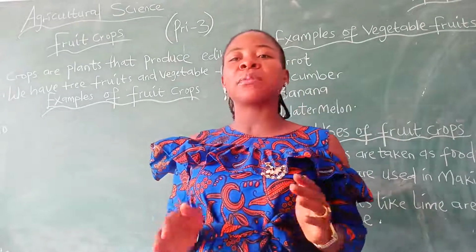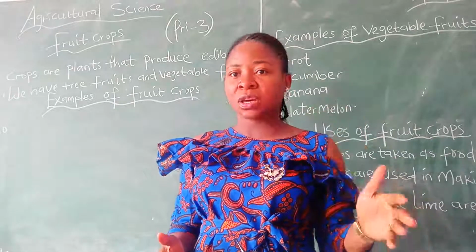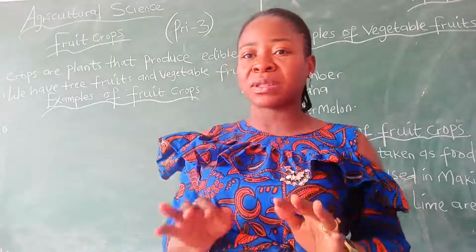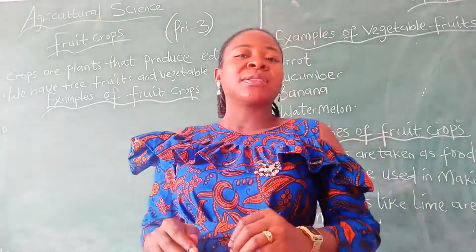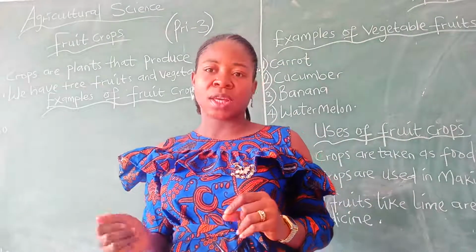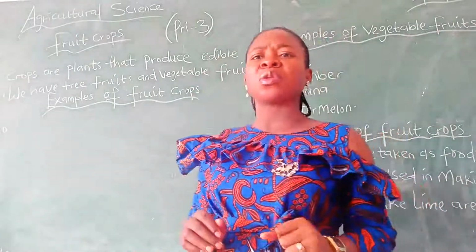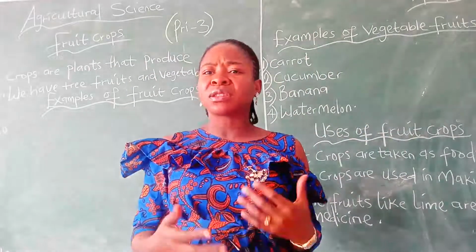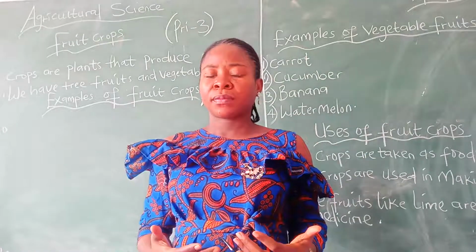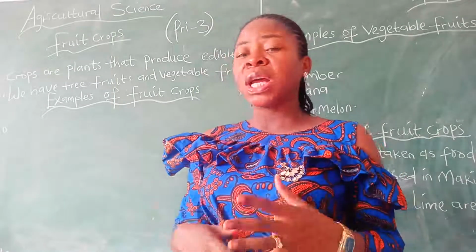Now we're going to see examples of tree fruits and vegetable fruits, and that will help us to get the difference between when you are eating carrots and when you're eating mango. First, before we go over to examples, we need to know why they are called tree fruits, because you cannot know an example of something without knowing the meaning of that thing.